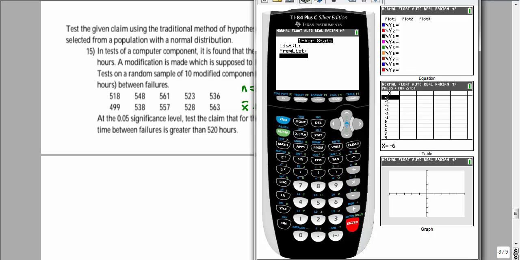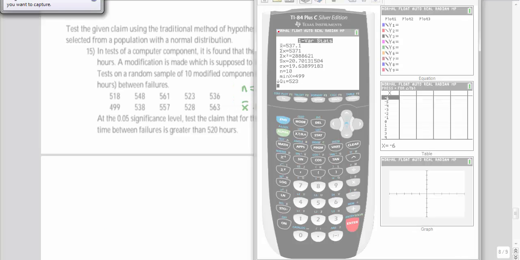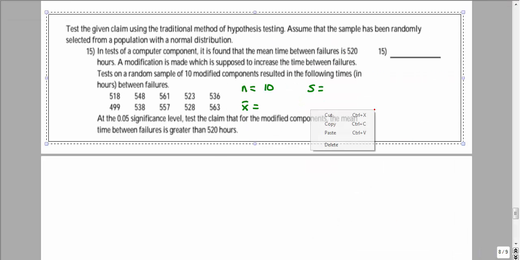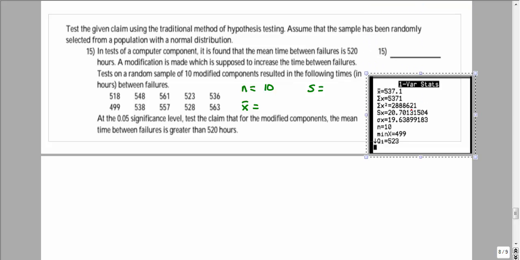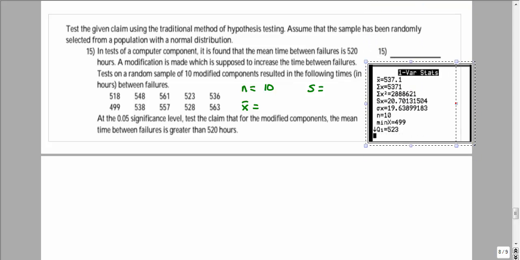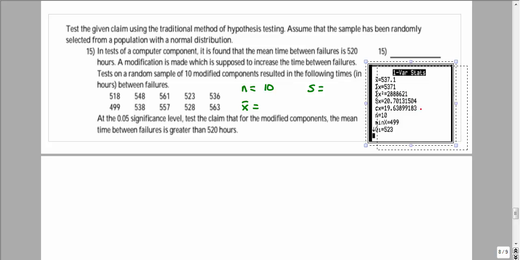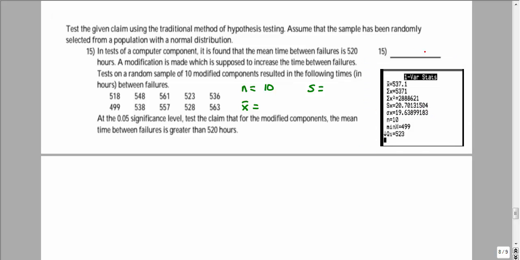List one, a frequency. I don't have a frequency list, and there's all my data. So let's go ahead and pop this in, and then get our summary values off of this. Now remember, we don't want to round till we get to the end of the problem, so we need to be aware of rounding.